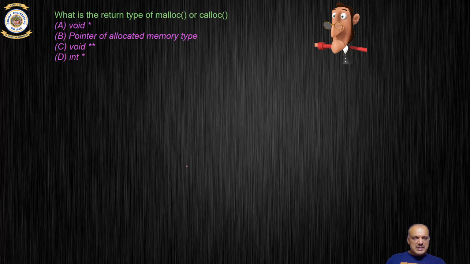So if you have guessed A, that's the right answer. As I mentioned many a time previously, malloc and calloc basically return a void pointer. A void pointer is a pointer which can be typecasted to any other type of pointer. So you can typecast a void pointer to an int, float, character, whatsoever. Okay, so that's it.